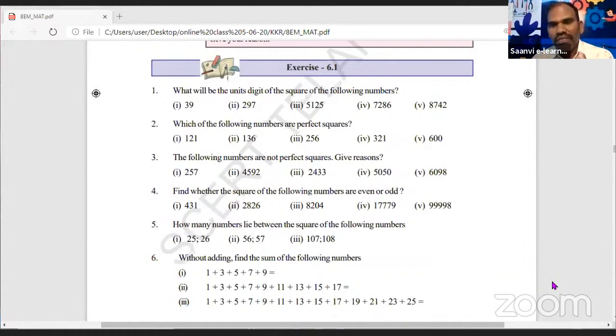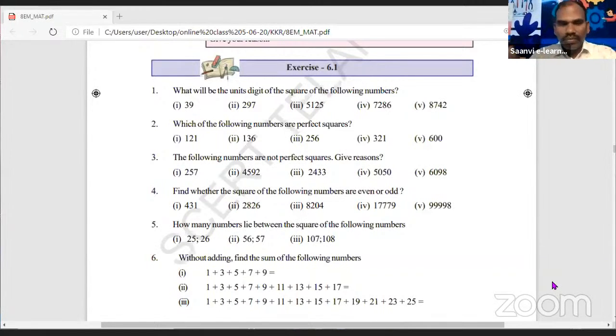We can't write it as a product of two same numbers. 4,592, also we can't. 2,433, also we can't. 5,050, we can't. 6,098, also we can't.